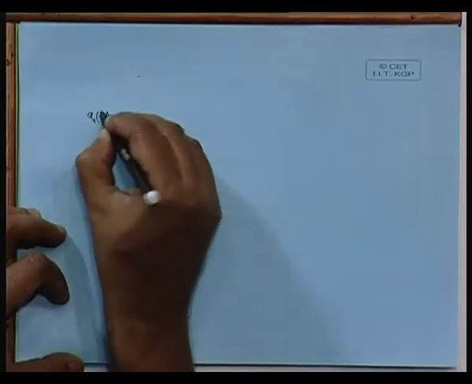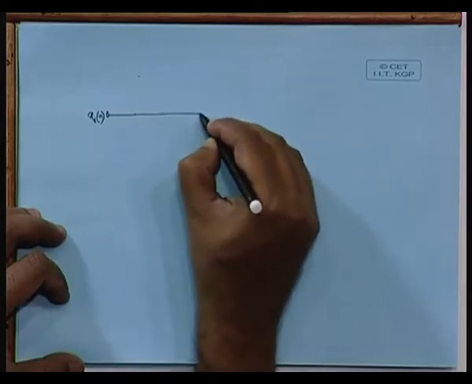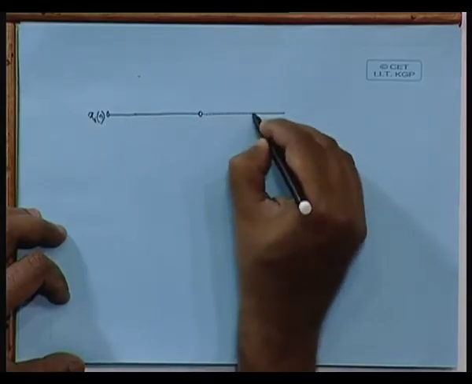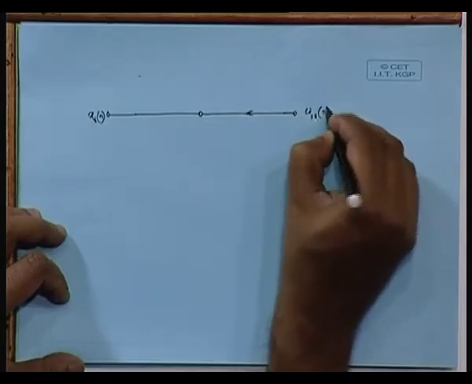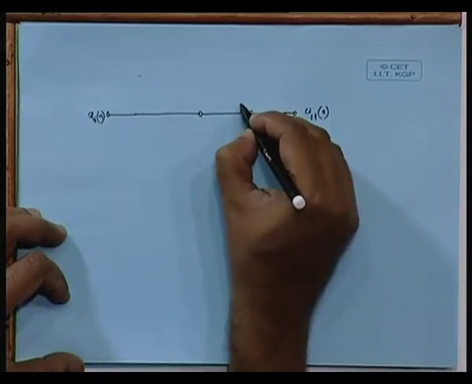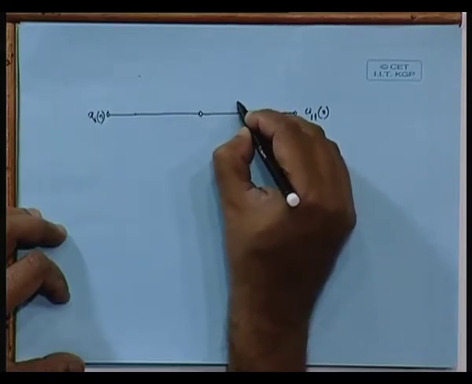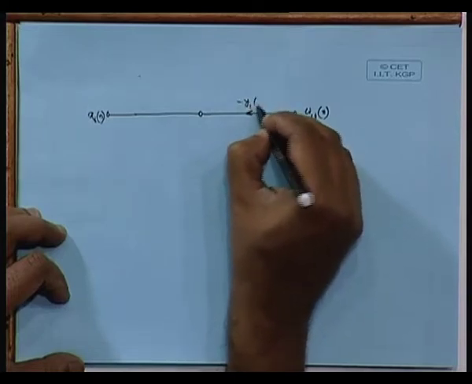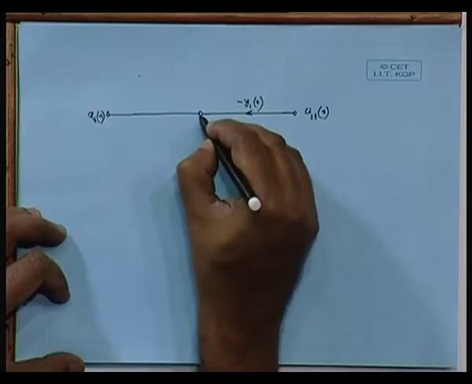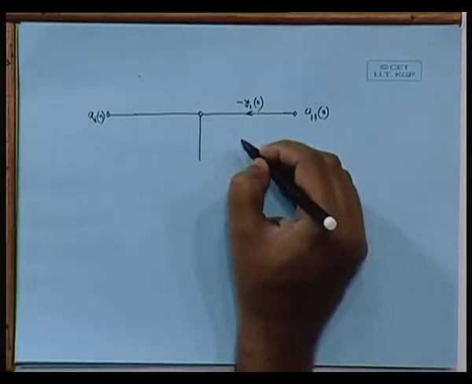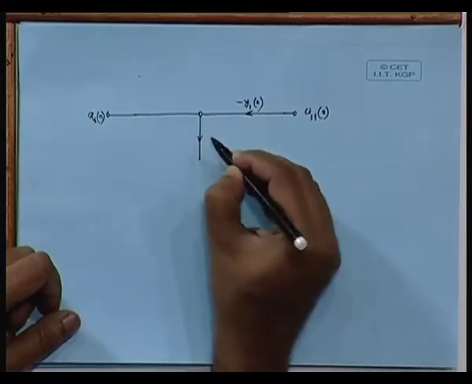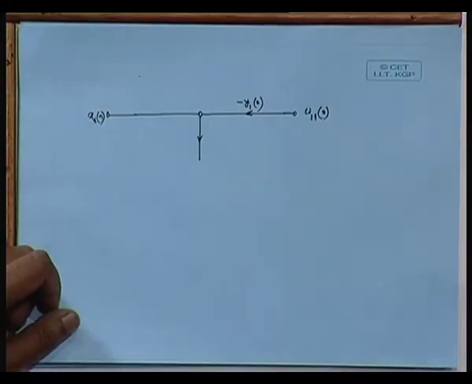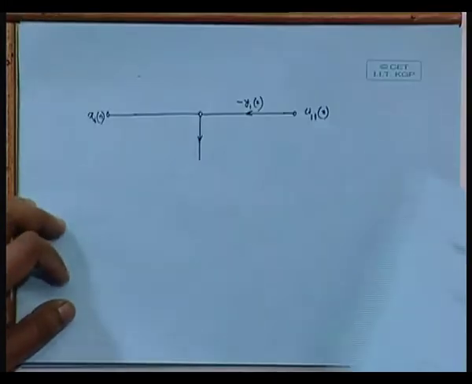We take xi(n), and from here we first subtract the term w1i(n), multiplied by minus y1(n). This leads to the first subtraction, the first term subtraction corresponding to k equal to 1.